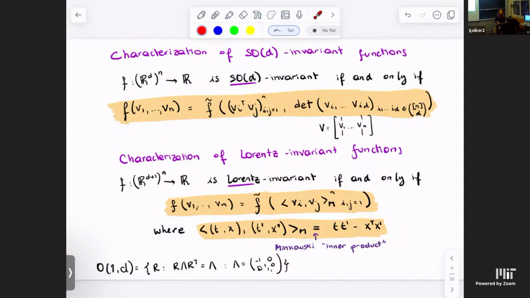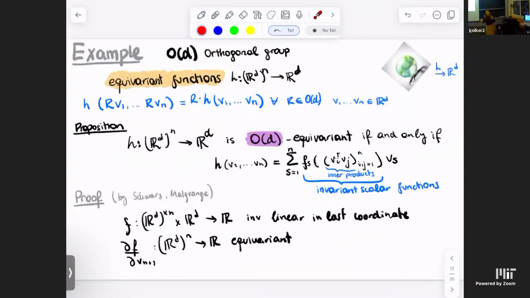Yeah. Thank you. But also, I'm happy with OD. I mean, I know that people like SOD better. My question is about SOD. I can see the sketch of the proof here, but it seems to really rely on the fact that I can express an invariant function in terms of inner products, but in SOD you have this determinant thing.